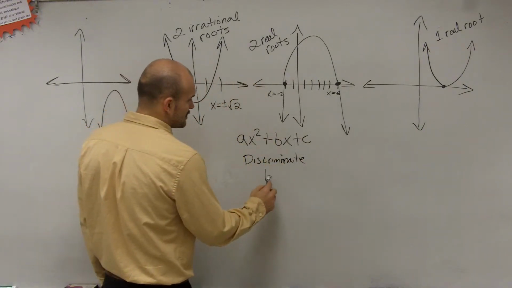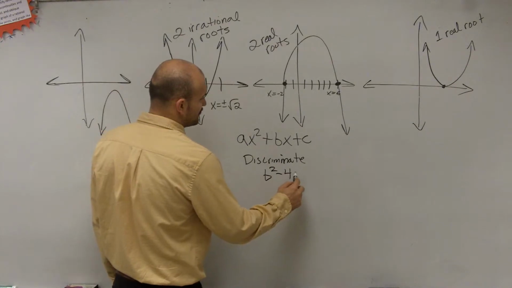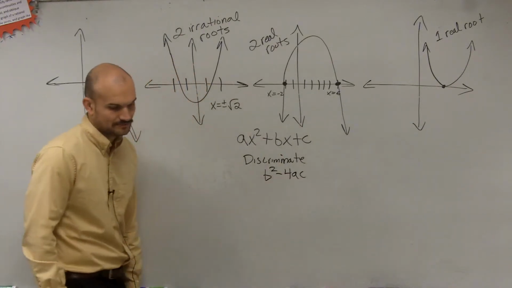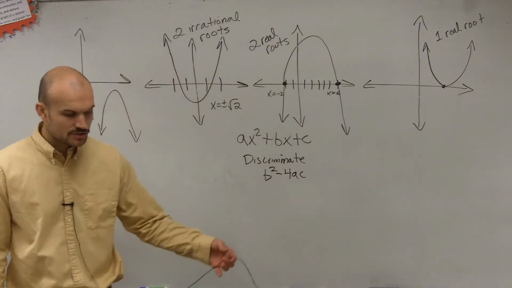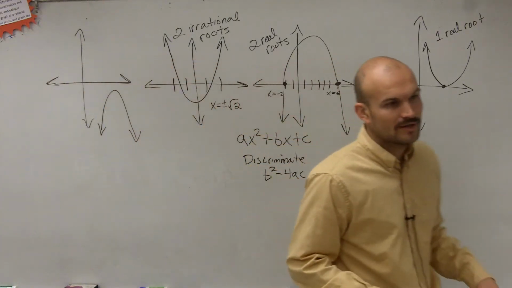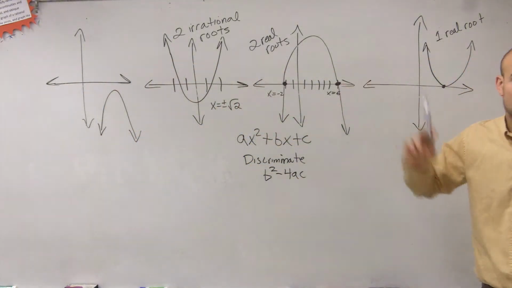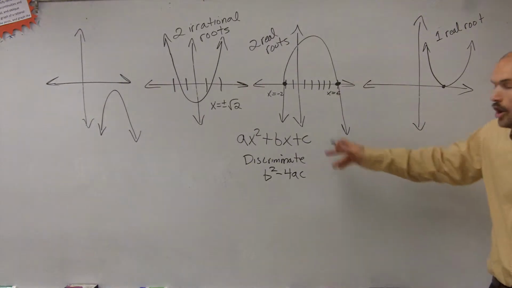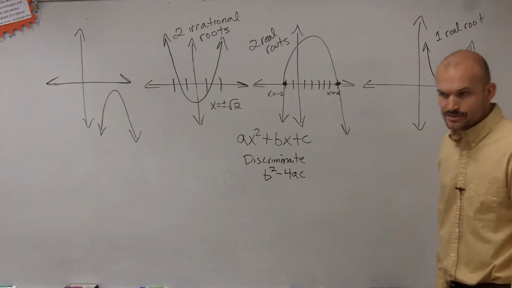Your discriminant is taking b squared minus 4 times a times c. And the discriminant is going to be very helpful in helping you determine what your graph's going to look like.